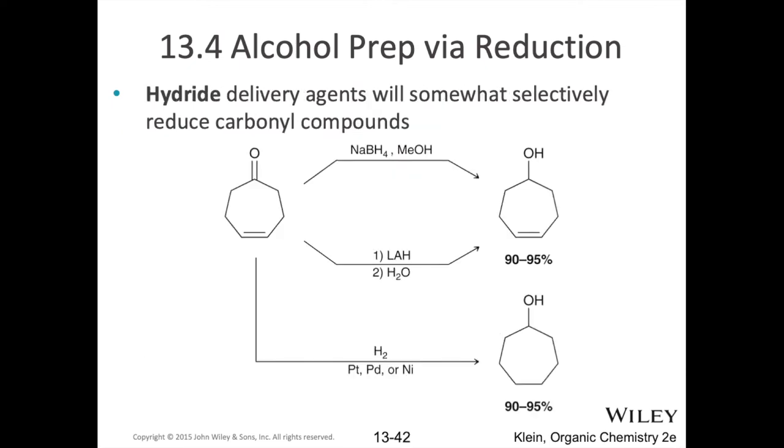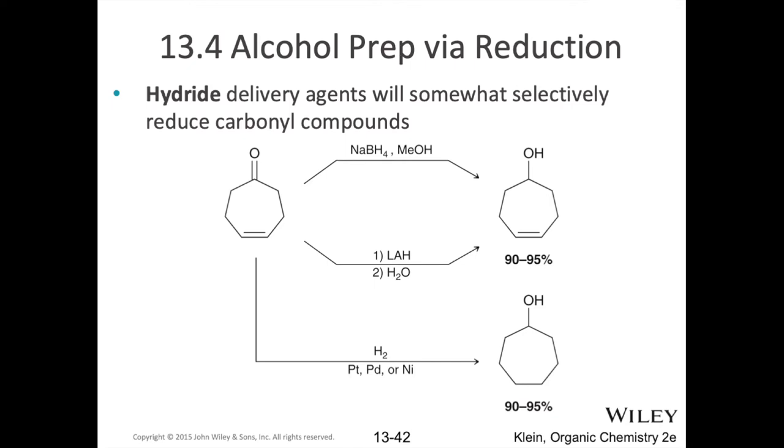Okay, so in terms of selectivity here, your hydride reagents will exclusively react with carbonyls. So you want to be careful if you have a ketone or an aldehyde that you're using that also has an alkene functional group.